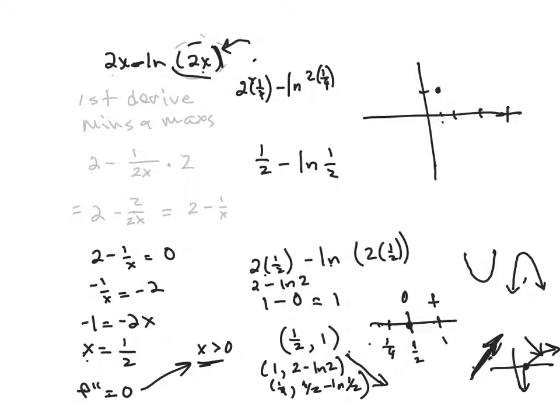So I have 1/2 minus a negative number. This is a negative number. So I go from a negative slope to no slope to a positive slope. Negative slope, no slope, positive slope. That's going to be a minimum. So this function has a minimum, and it probably looks something like this. That'd be a good rough sketch.